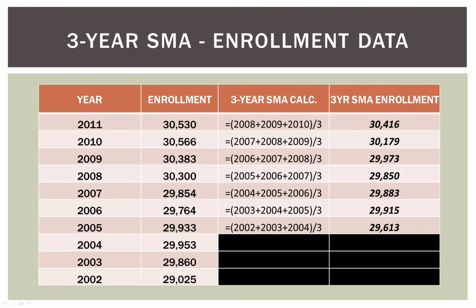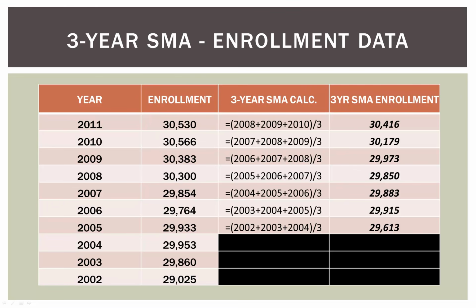So now that we know how to calculate each one, what exactly is the data? When we do that arithmetic, over on the right-hand side, you can see that for 2005, our 3-year simple moving average is 29,613. Now we know that the actual enrollment was 29,933. So you can see that we're within about 300 students of what we expected based on the enrollments from 2002, 2003, and 2004.